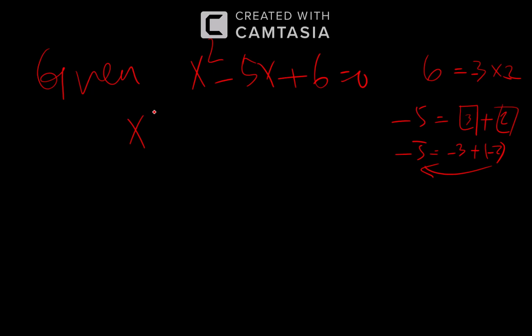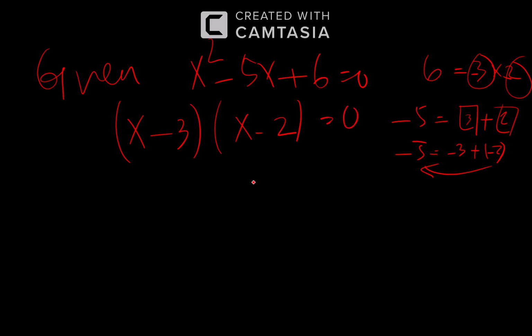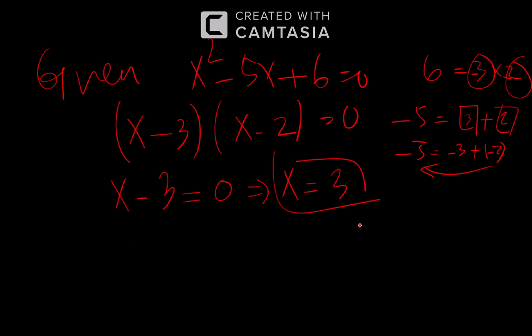So we can write down here (x minus 3)(x minus 2) equal to 0. This is the multiplication of two factors. So we can put x minus 3 equal to 0, so we can find the value of x equal to 3.